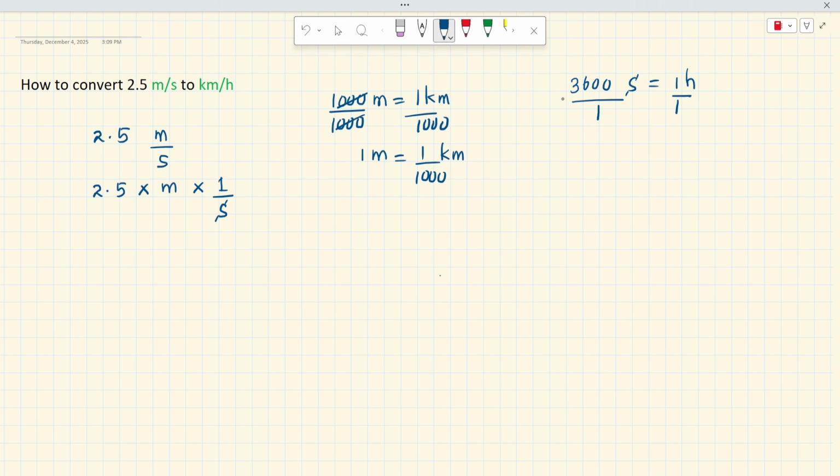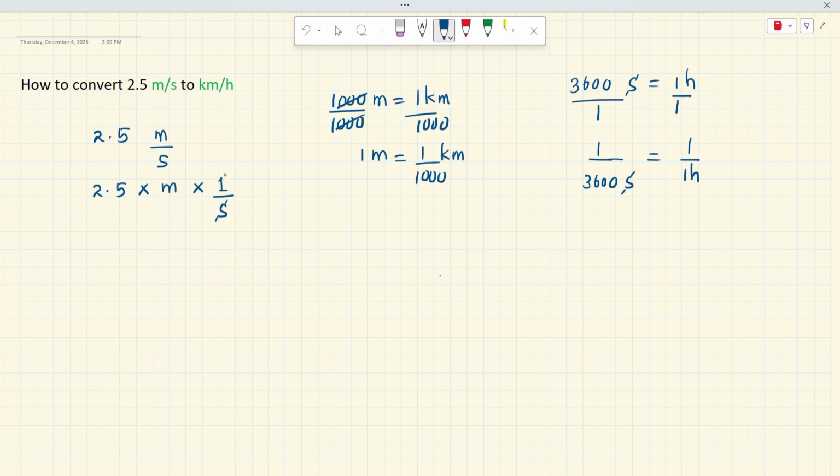Then I'm going to switch denominator and numerator on left hand side, so this becomes 1 over 3600 s equals, then right hand side also we have to switch denominator and numerator, so this becomes 1 over 1h.